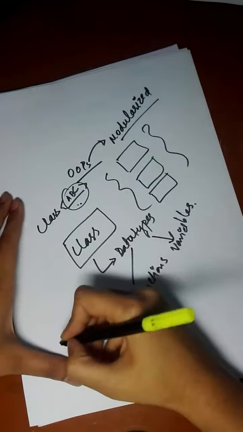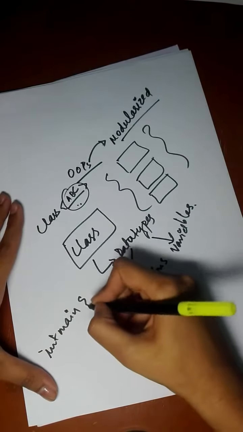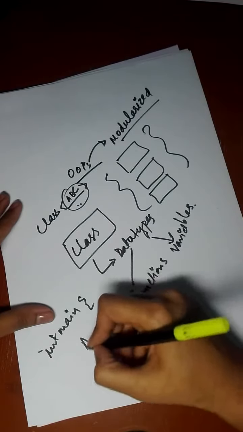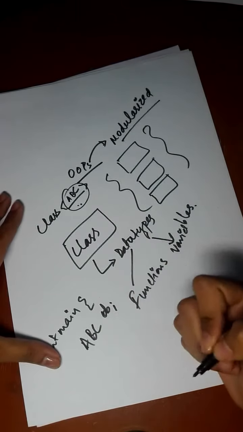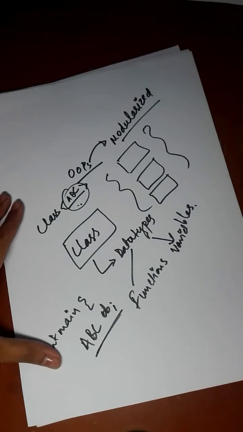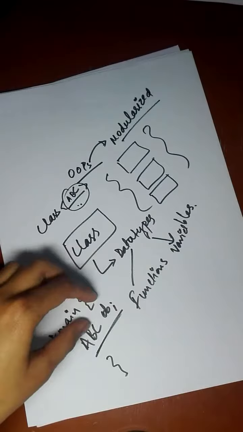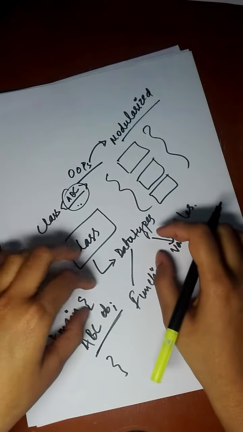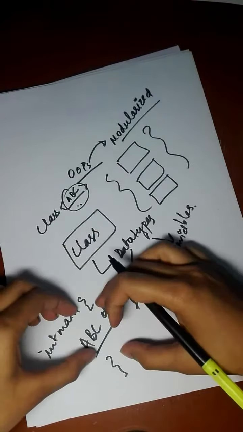So this becomes your data type. When you declare it in the main function, int main and so on, you will declare the object with respect to the same name as your class. This is your object declaration, which we will come to in later stages. But basically what you need to know is that it's a template for a module. It represents a module.